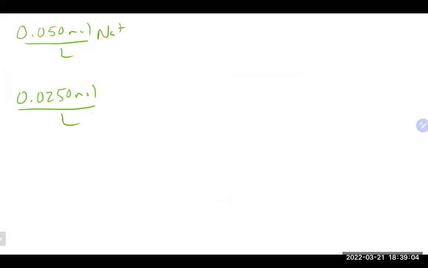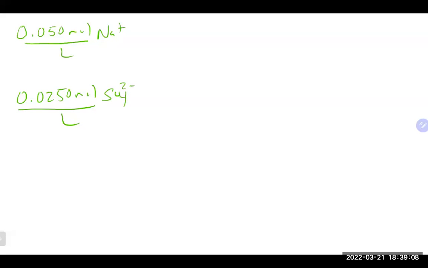So what we had was 0.05 moles per liter of sodium ions, and we also had 0.025 moles per liter of sulfate. All right.